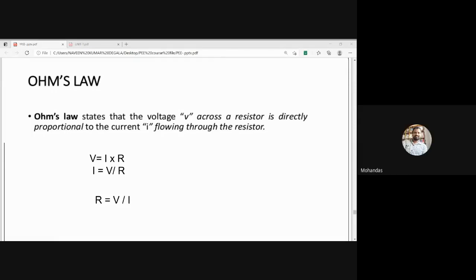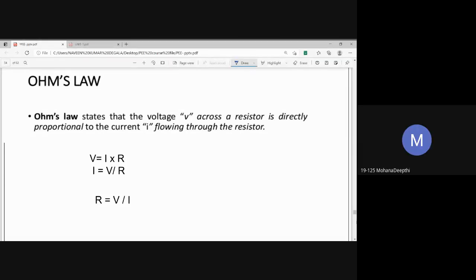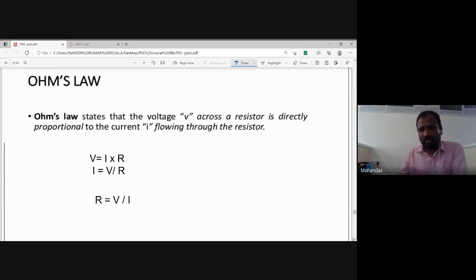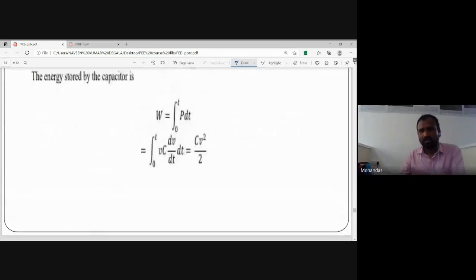Yeah, please can you define loop, Amma? Yes, sir. It is a closed path, sir. It is any possible closed path in a circuit. Any possible, Amma. Okay. Node. Can you define a node? Branch.